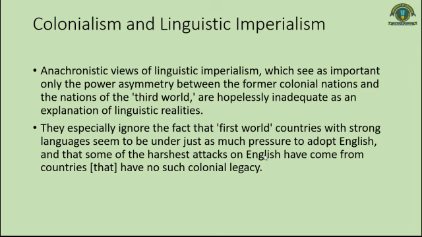Colonialism and linguistic imperialism. Anachronistic views of linguistic imperialism, which see as important only the power asymmetry between the former colonial nations and the nations of the Third World, are hopelessly inadequate as an explanation of linguistic realities.